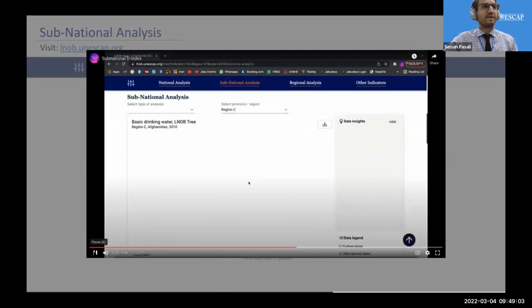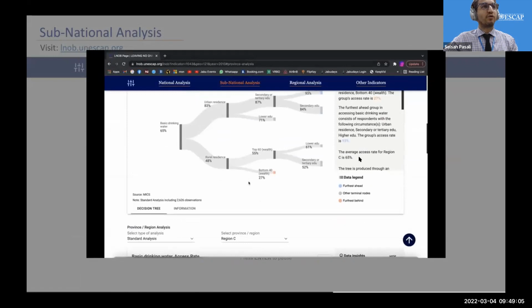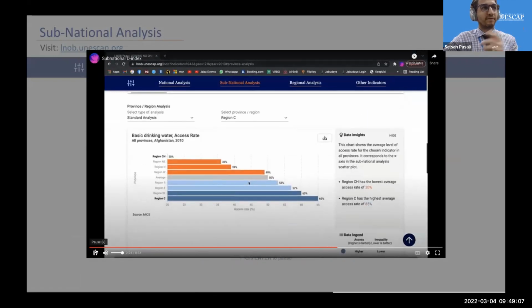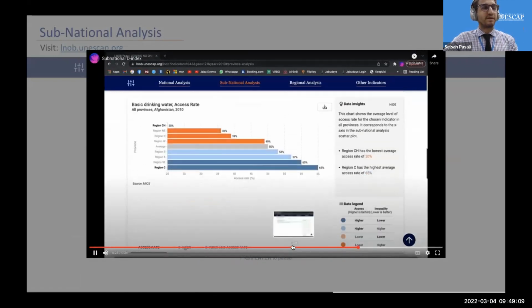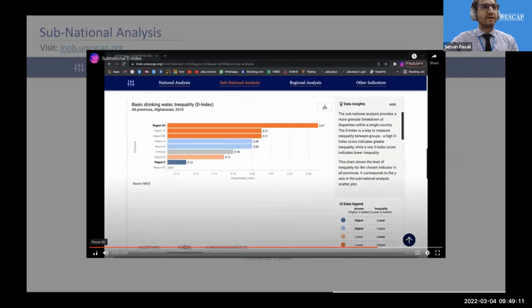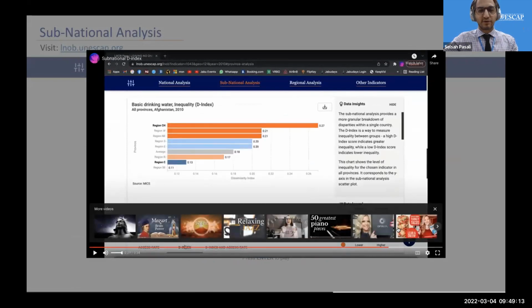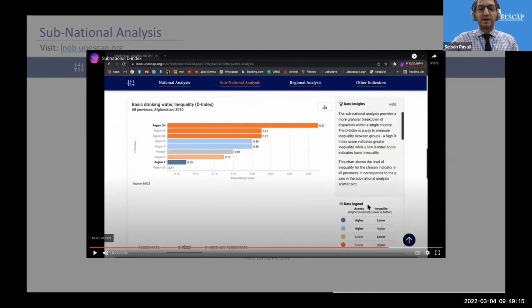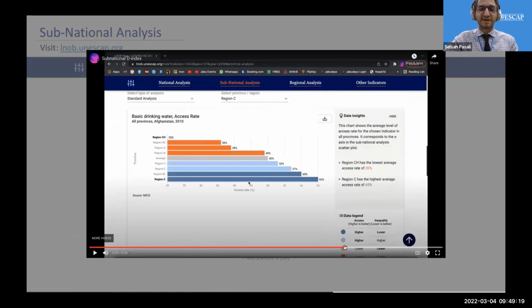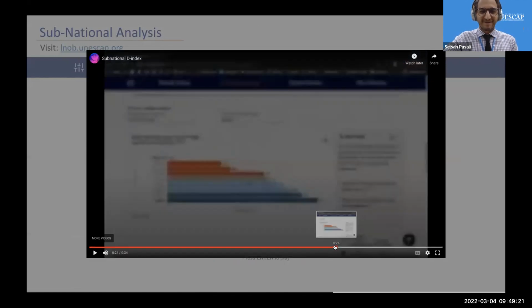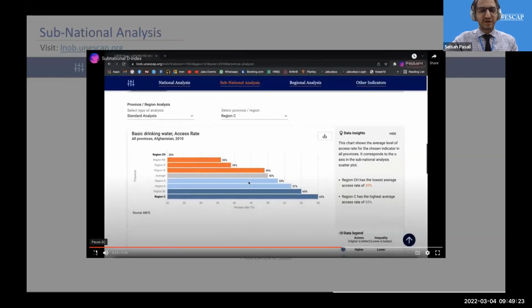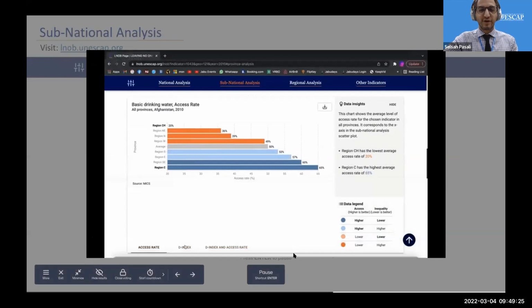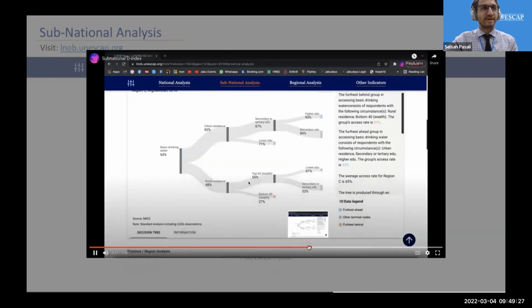So I'll wait a bit as you go through. There's a video playing. This one is for a different indicator, but you can do the same for violence against women. It would be nice if you can join us in this navigation, because we'll be asking some pop quiz questions, and it will help you to answer those questions if you're on the tool.